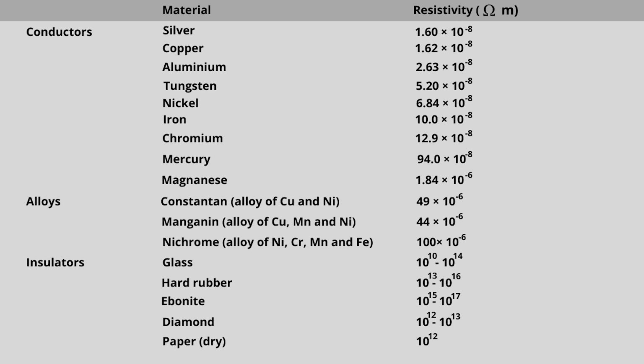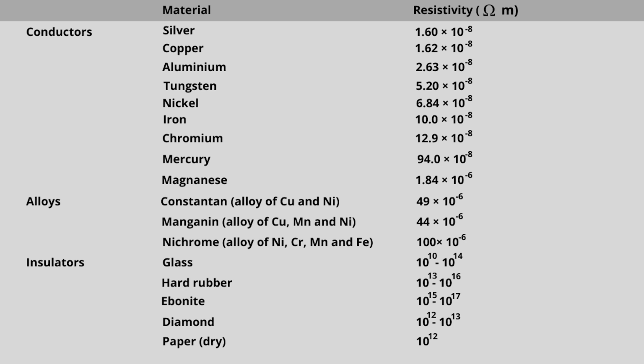So we come to the section of insulators. Glass has a resistivity of 10 to the power 10 to 10 to the power 14 ohm meter. Hard rubber has a resistivity of 10 to the power 13 to 10 to the power 16 ohm meter. Ebonite has a resistivity of 10 to the power 15 to 10 to the power 17 ohm meter.